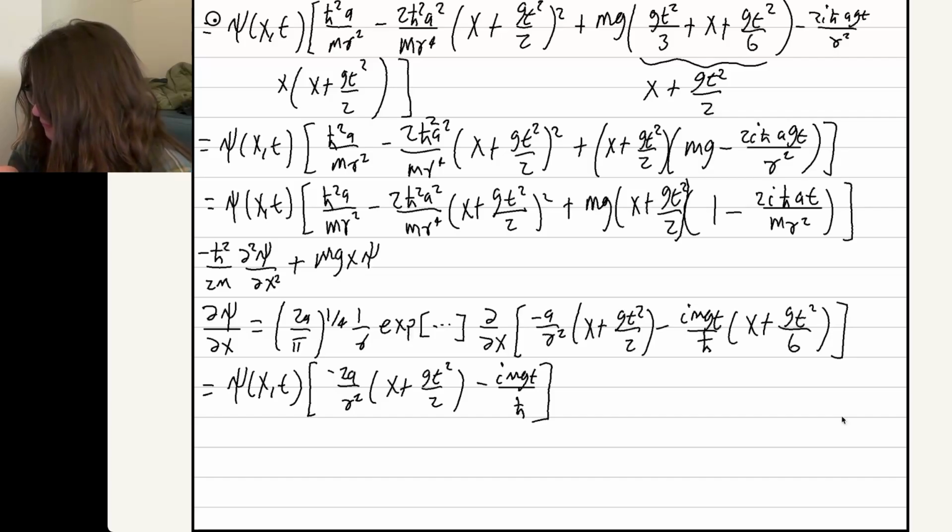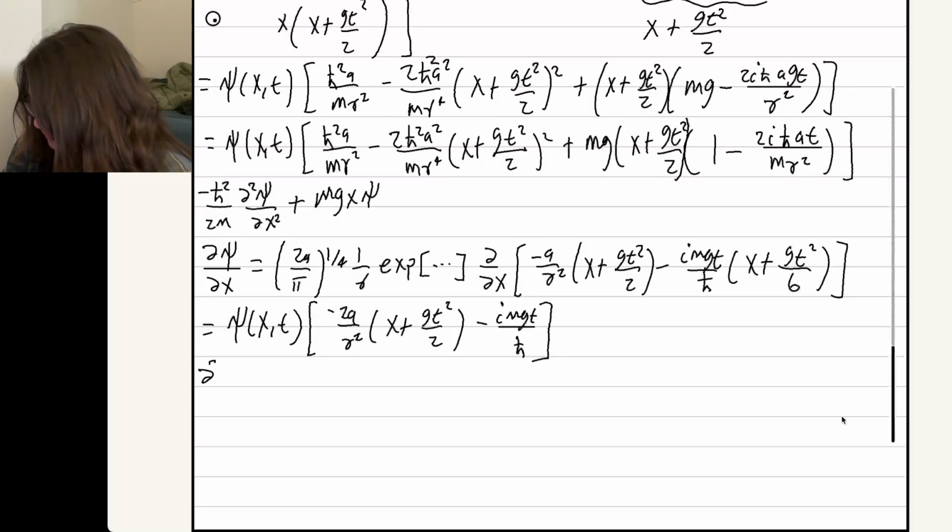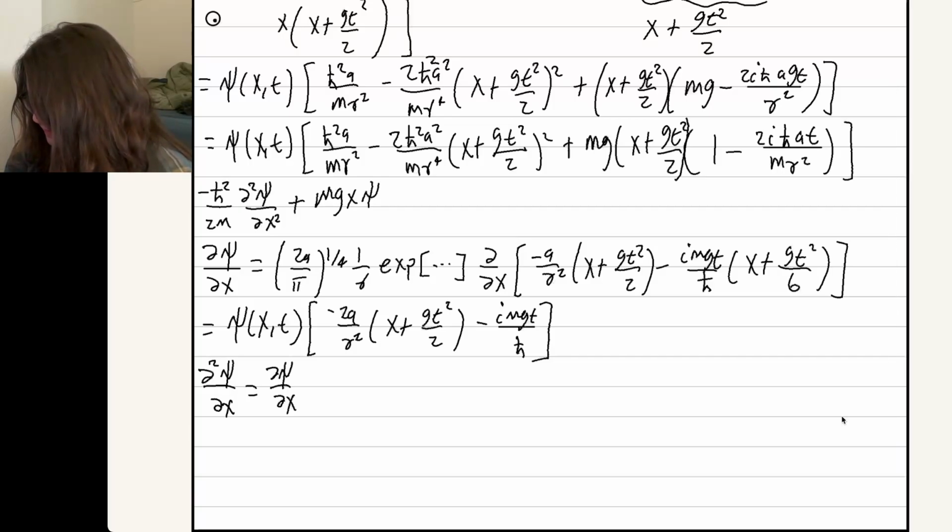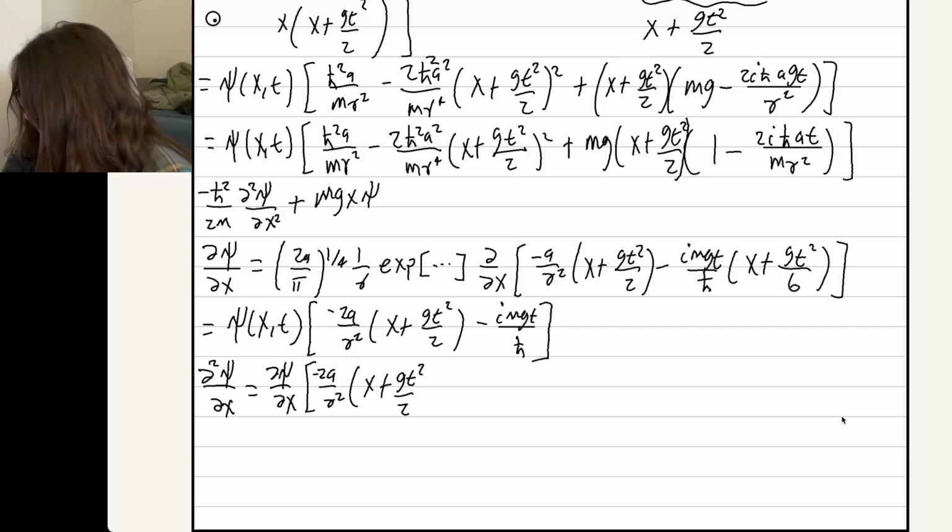So that wasn't too painful. The second derivative through the product rule is looking like del psi del x times the contents of the brackets, which again was this, plus psi of x and t times the derivative of the stuff that's in the brackets with respect to x.